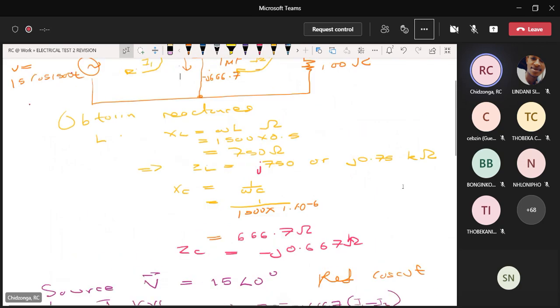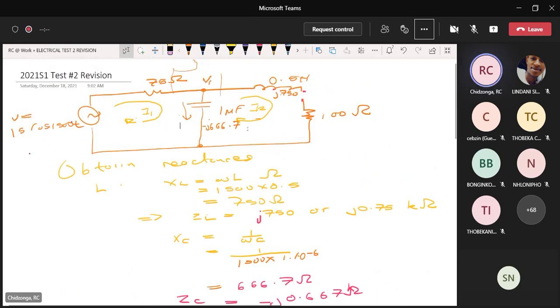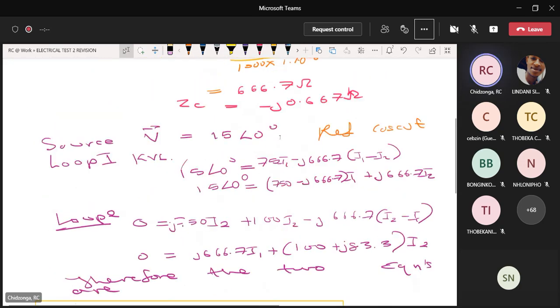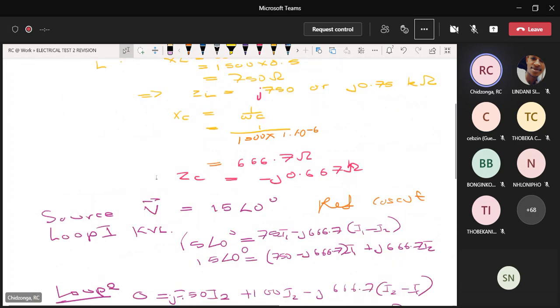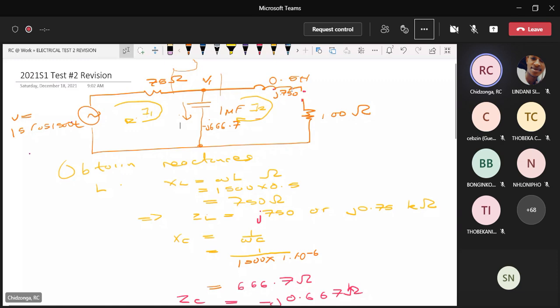And then in the second loop, there is no source. So one side is going to be 0, which is this, all right? These two components, the 0.5 Henry or j750 ohm inductor and the resistor are in series. So you can club those two together and simply write them as 100 plus j750.